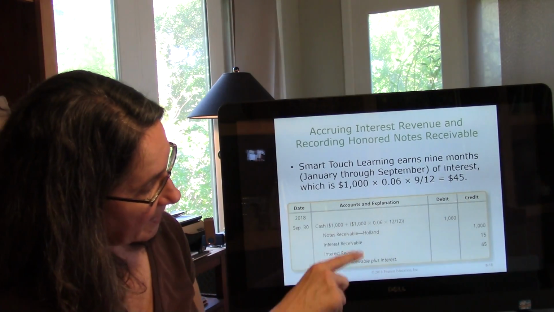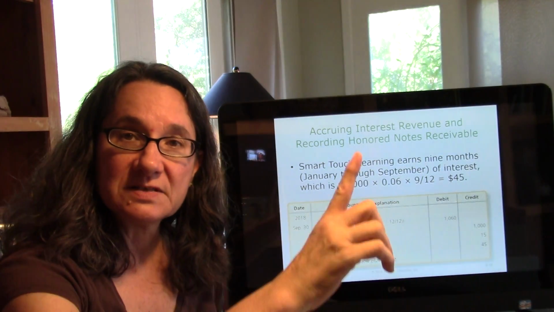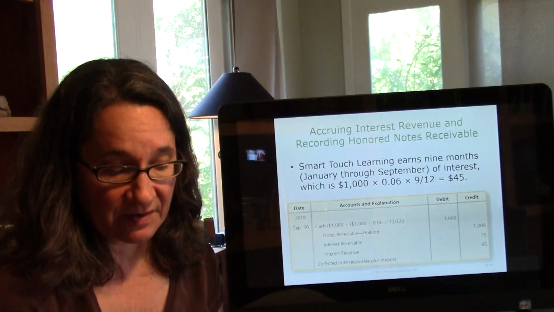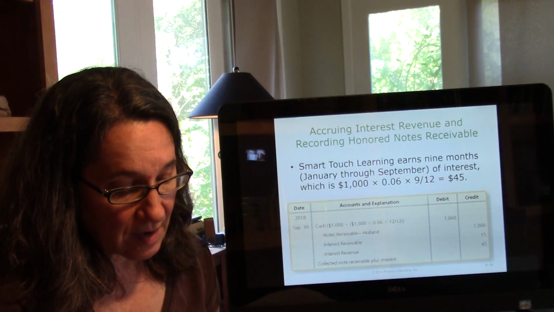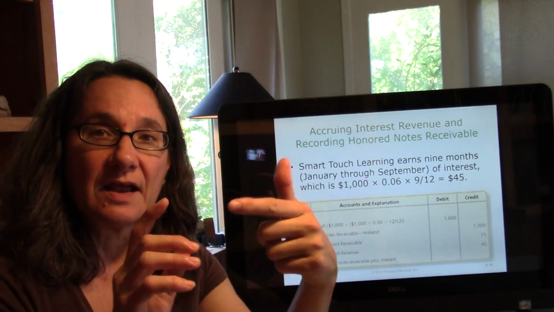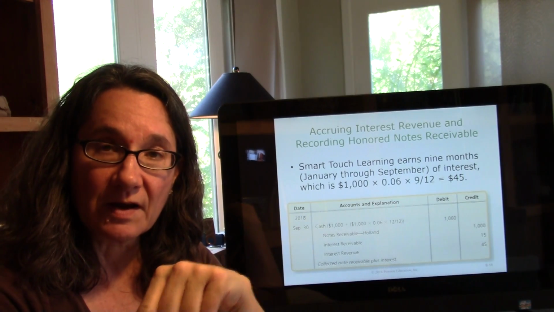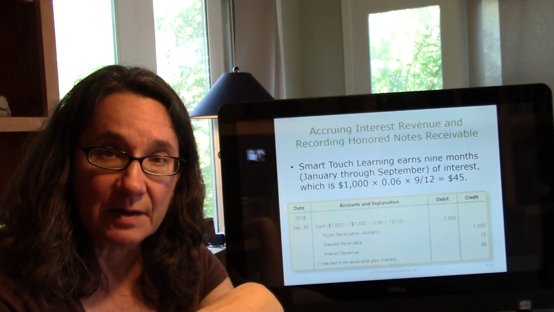So this is her paying you, paying the interest. We're taking care of all of it. We're taking care of the note receivable, the interest receivable, paying it off, getting rid of it, all that good stuff. So first you have to calculate how much interest she owes you for the remainder of the time, right? Because you've calculated the first 3 months, now you do the last 9 months.